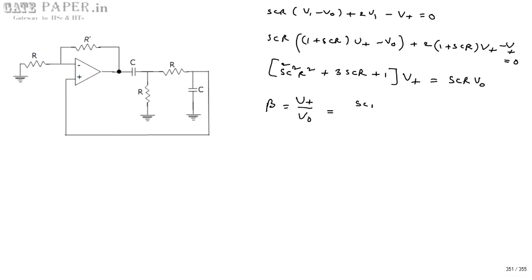This will be equal to SCR divided by (S square C square R square plus 3 SCR plus 1). This can also be written by taking SCR common from the denominator, so the numerator and denominator cancel, and I write beta as 1 by (SCR plus 3 plus 1 by SCR).